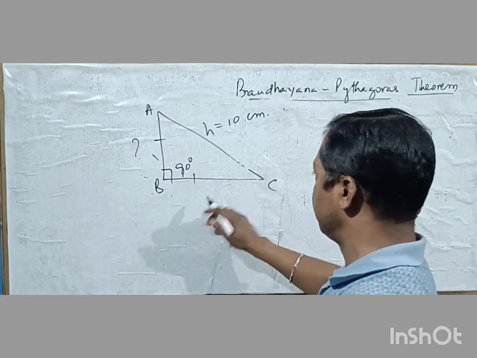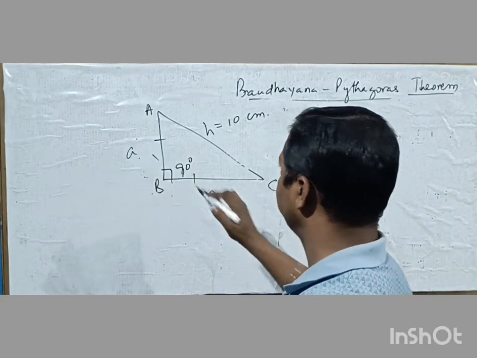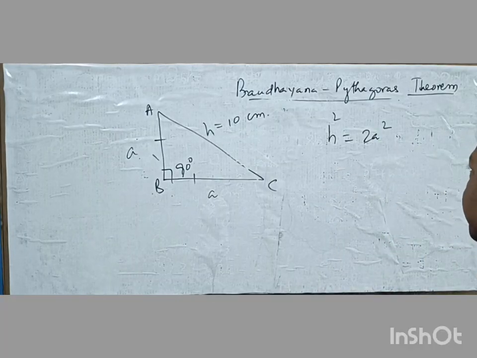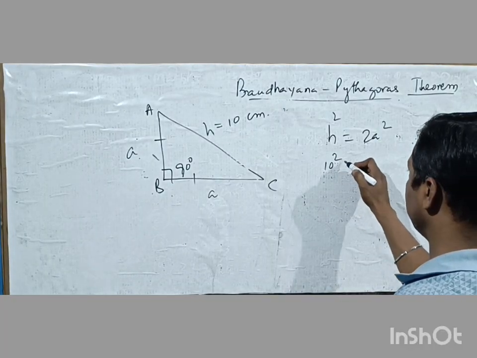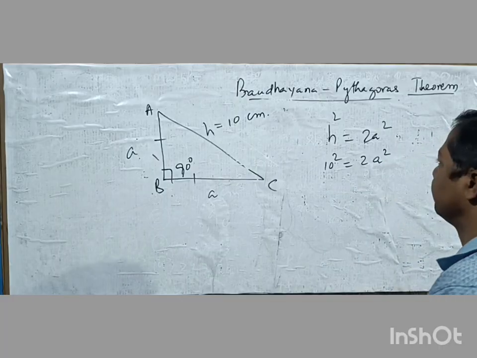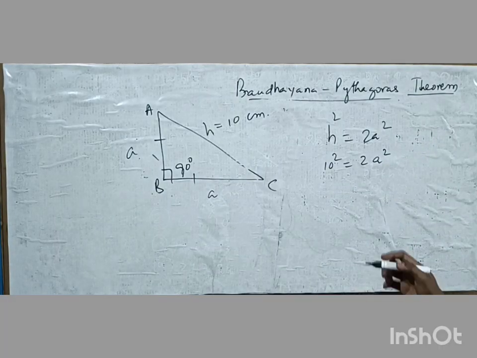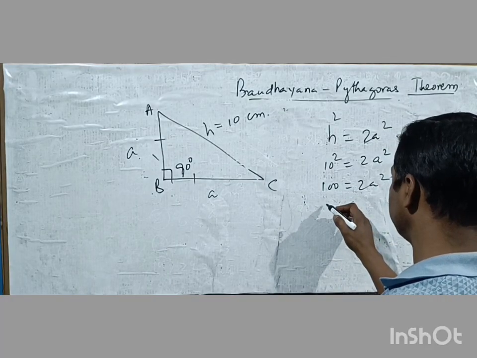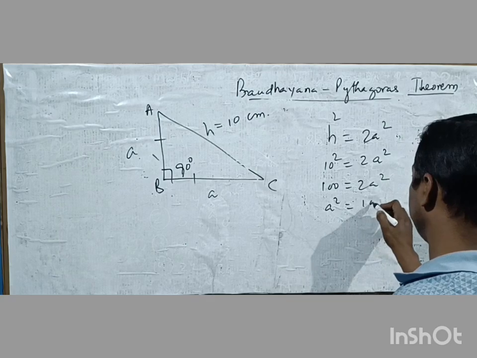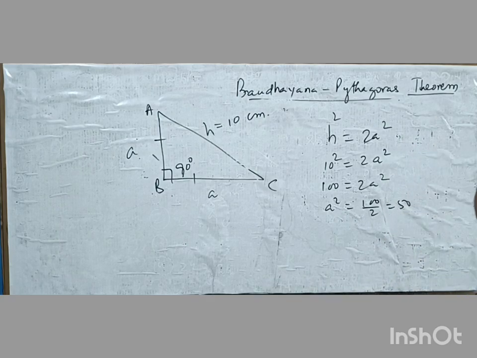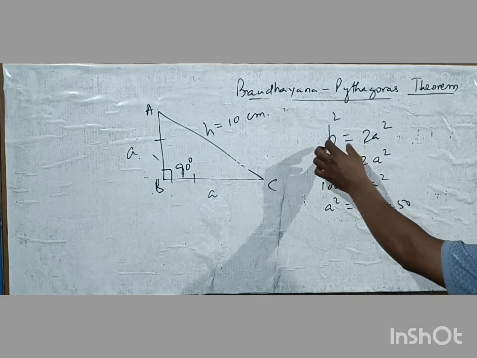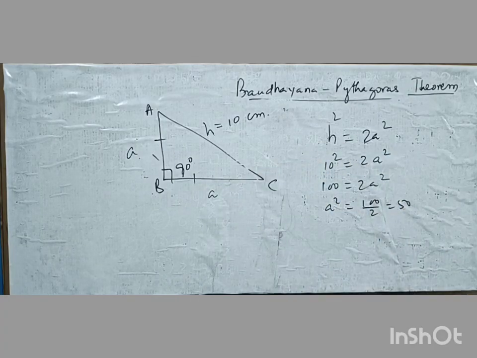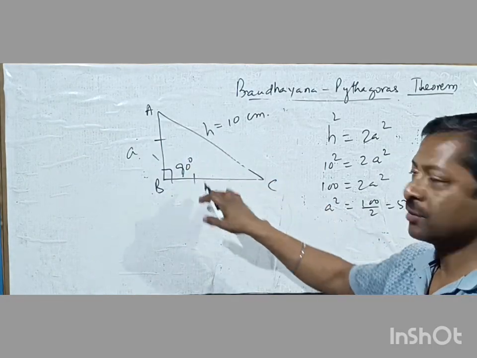If the equal side is a, h square is equal to 2a square. That means 10 square equal to 2a square, that means 100 equal to 2a square. So a square will be 100 by 2, 50. I just put the value of h here, 10 square, in the formula h square is 2a square.